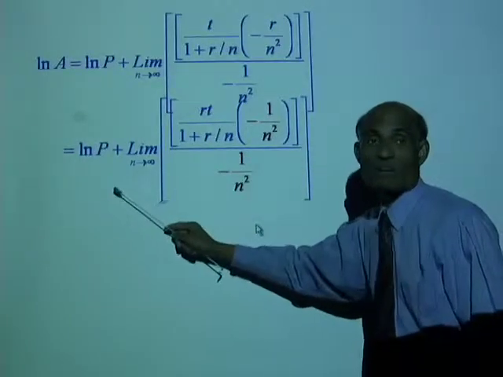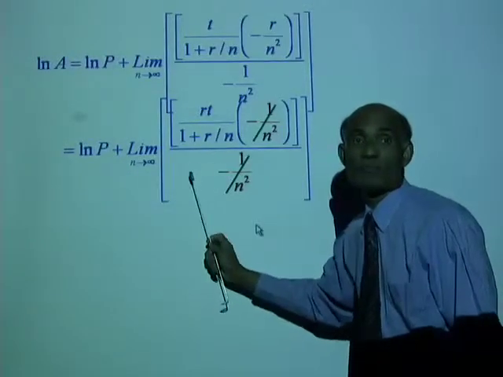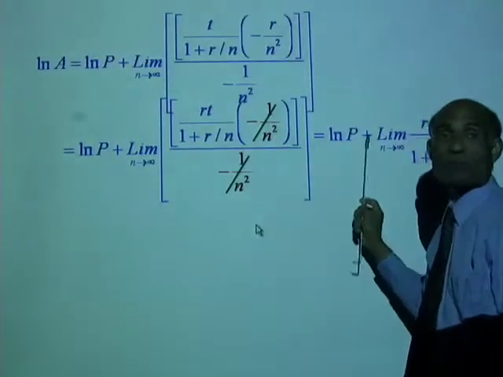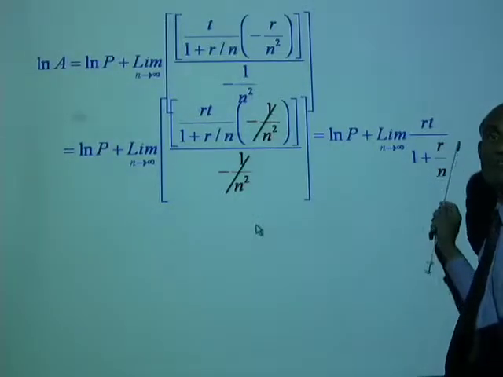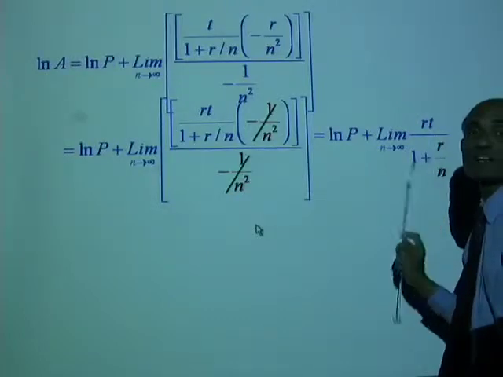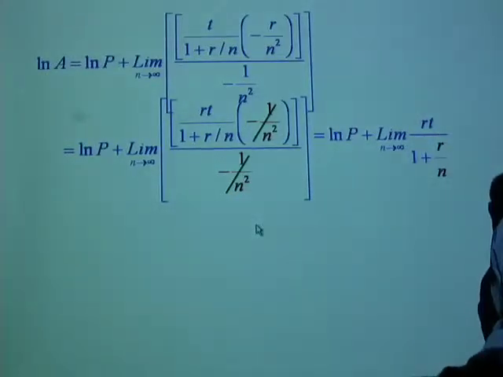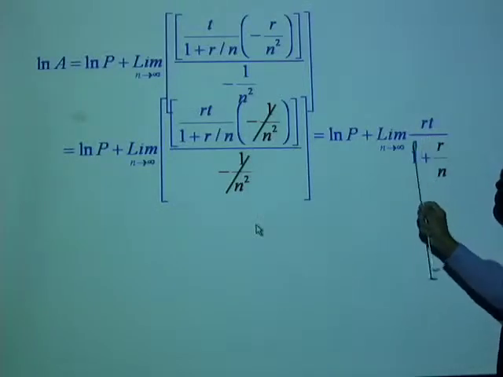So the right hand side of the expression now has ln p plus limit n goes to infinity of this quantity, rt over 1 plus r over n. Okay, what is the value of this limit?